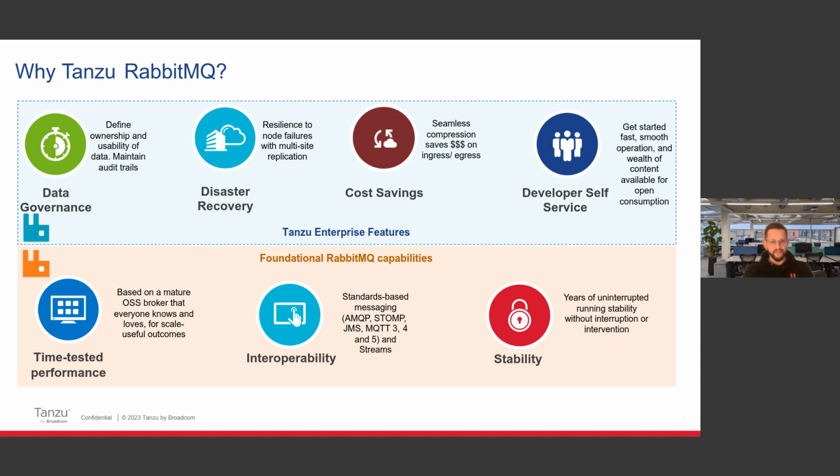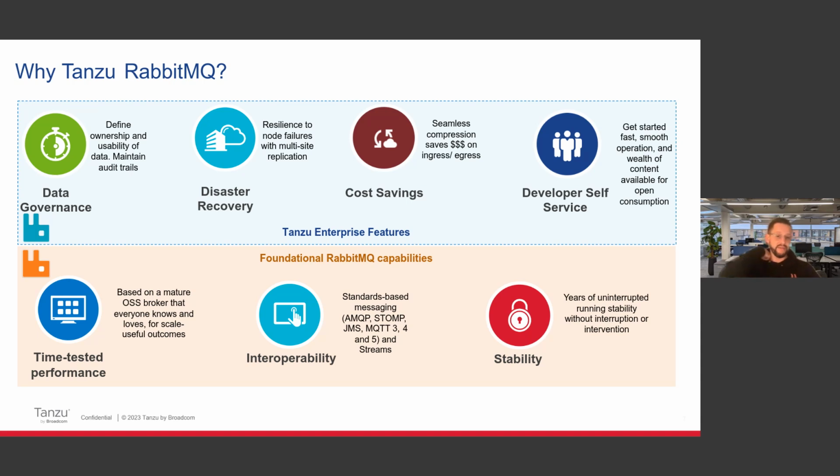There are many examples of customers that have had years of uninterrupted running. And sometimes it's a bit of a challenge for us because these things don't get noticed until it's time to upgrade. We sometimes come across deployments of RabbitMQ that have been running for many, many years without interruption, which is great to hear in terms of the stability.